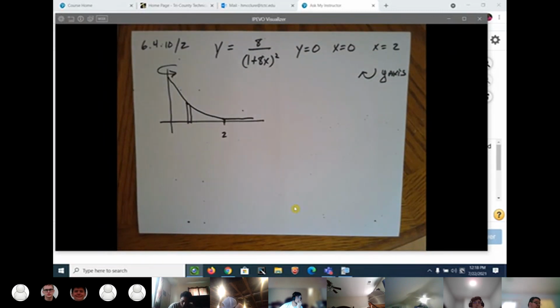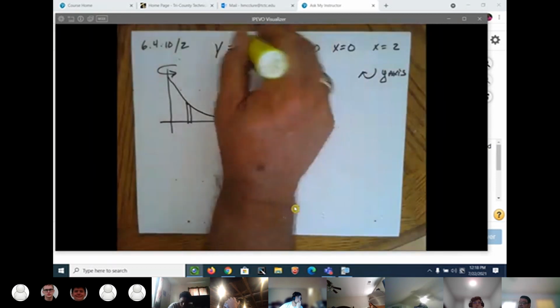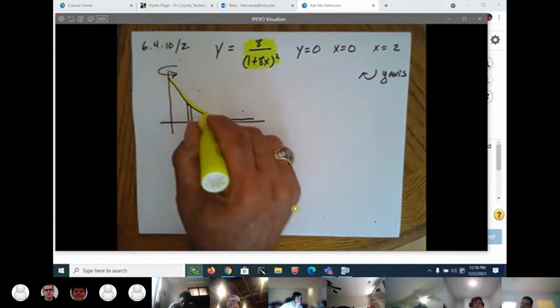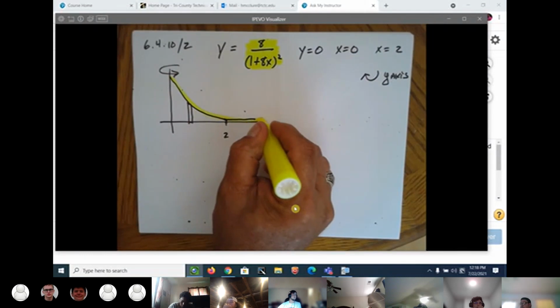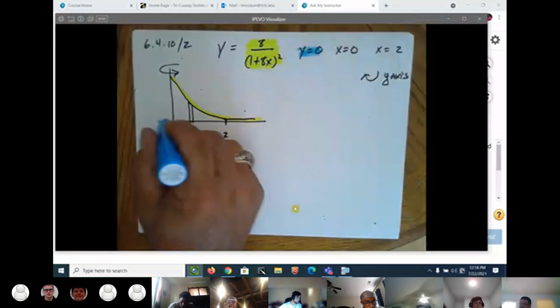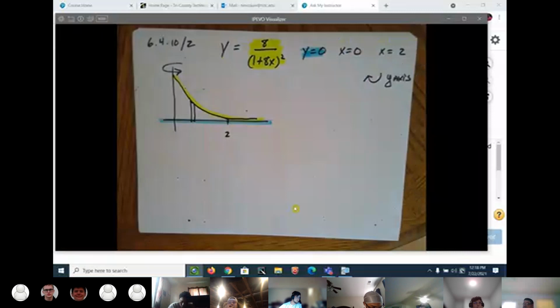So we know that this is the yellow line. Y is equal to 0 is the x-axis.